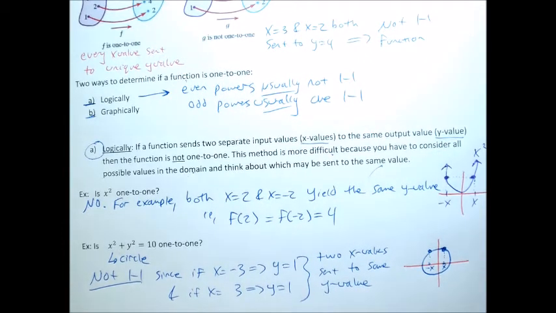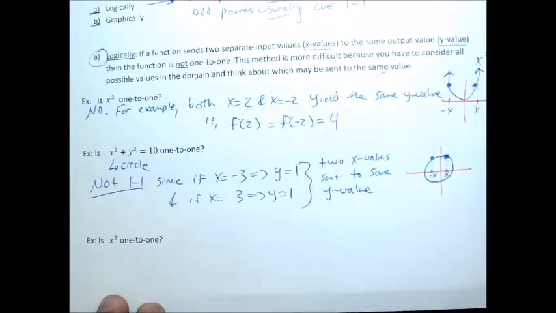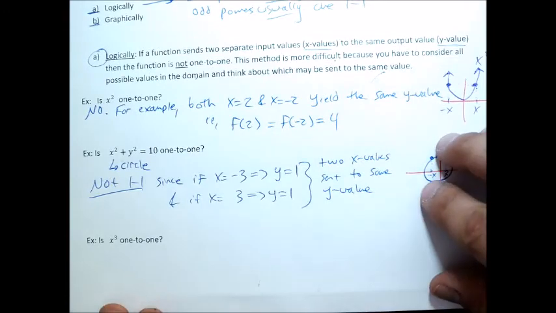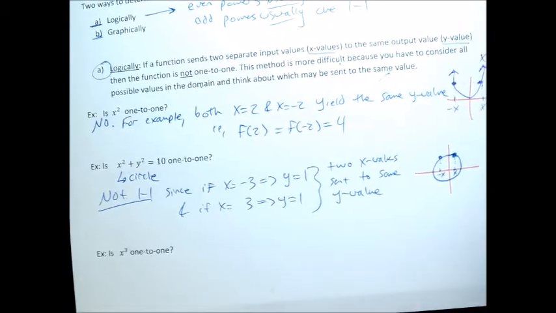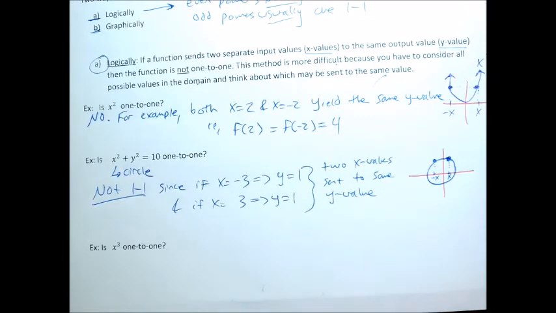So convince the person next to you about the next one, x cubed. Is x cubed 1-to-1? So form an opinion on that. It's got an odd power, so that should tell you something, right? That's not even anymore. It's an odd power. So convince the person next to you whether you think that one's 1-to-1 or not.